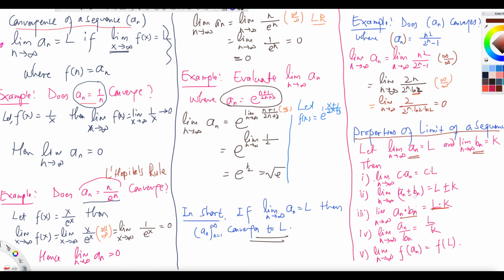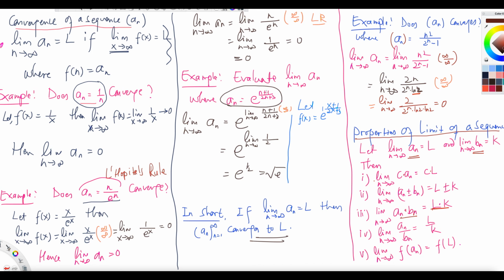And as I mentioned, the limit of a function of a sequence a_n is the same as the function of the limit of a_n. As we did, it was e to the a_n, where a_n is (n plus 1) over (2n plus 3).